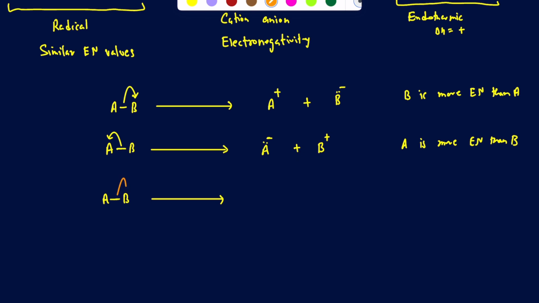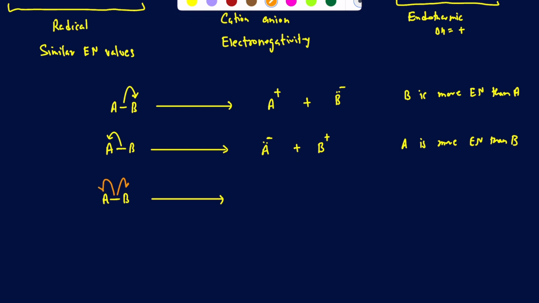When you show the electron movement of only one electron, you show it with a half-headed arrow. In the previous heterolytic cases, where both electrons move to one atom, you show a full-headed arrow. But in homolytic breaking, you show a half-headed arrow, and the other one goes on to A.